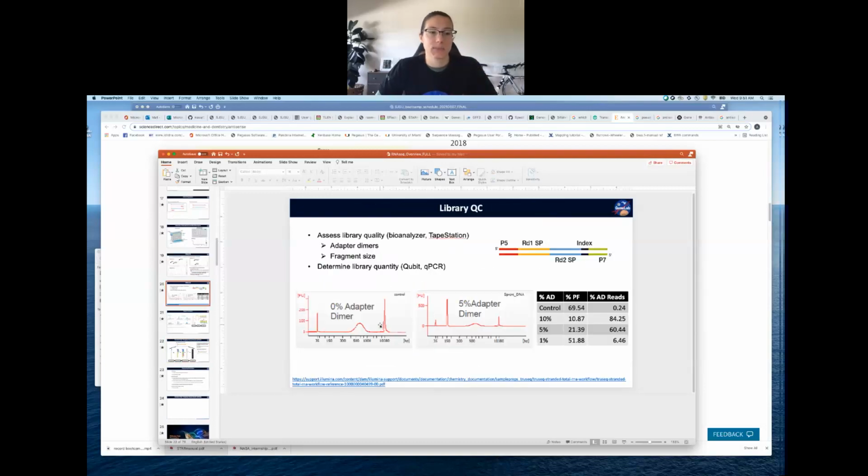This is one of the reasons I spent time going over library preparation, because it's so important. If we take all of the inserts here and run this on a flow cell, we're going to sequence a lot more of the inserts on the lower end of the size of your libraries than on the higher end.